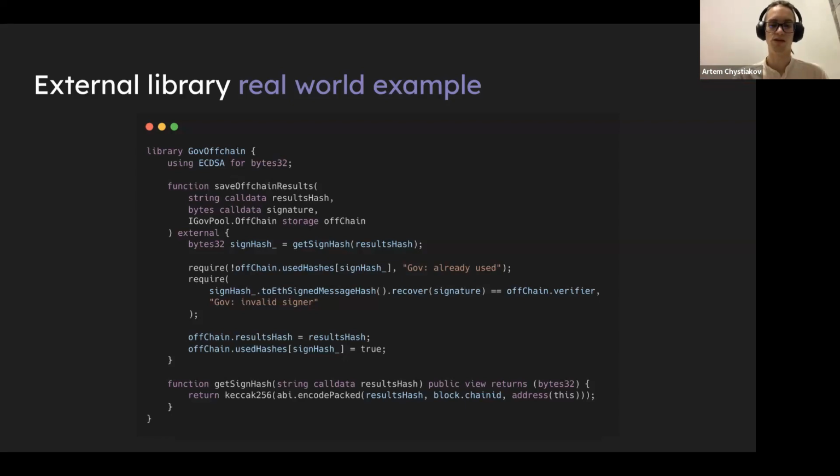And the second way is to use the diamond proxy pattern, which you can check yourself how it works. But basically, in a nutshell, it is really similar to external libraries, but instead of external libraries, it uses clever techniques to mitigate storage collisions.